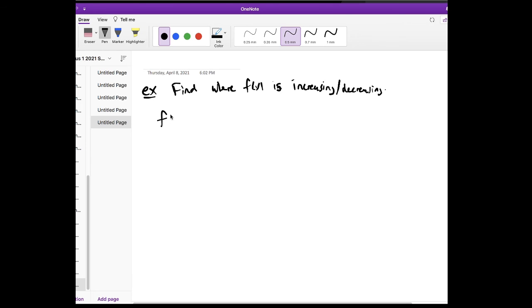We have f of x equal to x cubed over 3 plus x squared plus x plus 1. Okay, so we're all masters at derivatives now. So what's f prime?